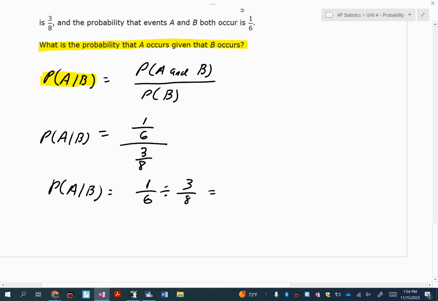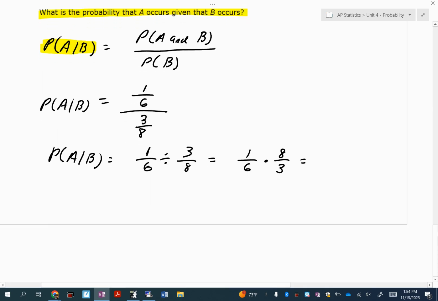How would I rewrite that using multiplication? 1 times 8. I'm going to go ahead and use the math definition there, which is multiply by the reciprocal. All right. Can I reduce anything? So 8 and 6, right? Both of those can be divided by 2. 8 divided by 2 is 4. 6 divided by 2 is 3.